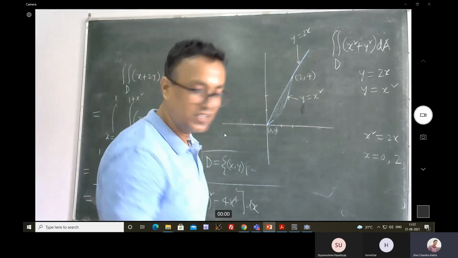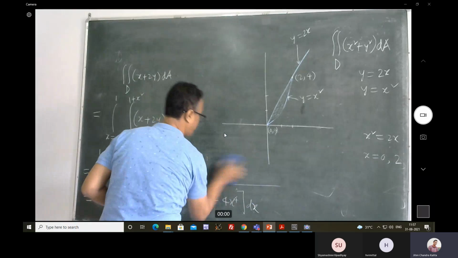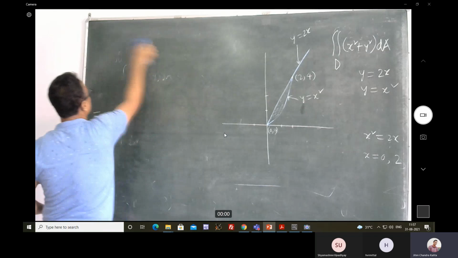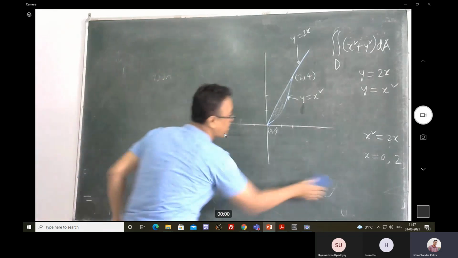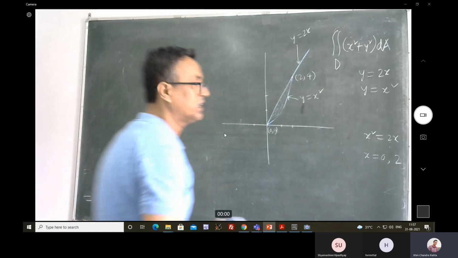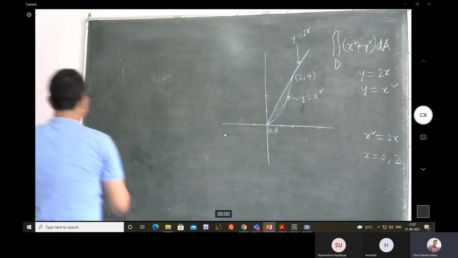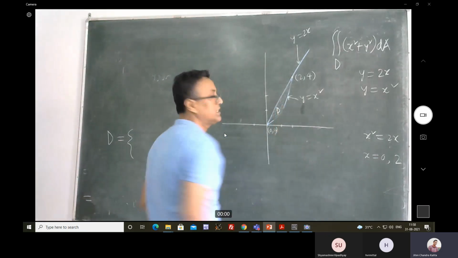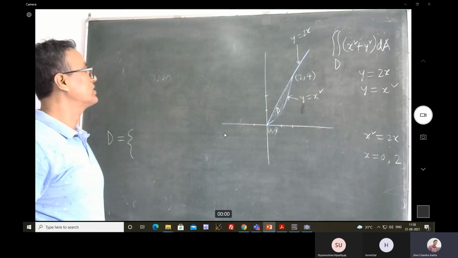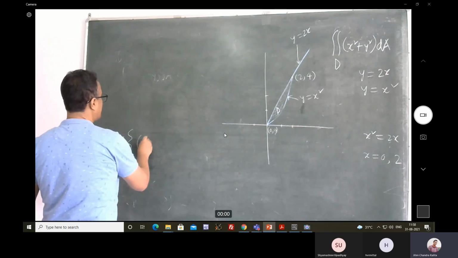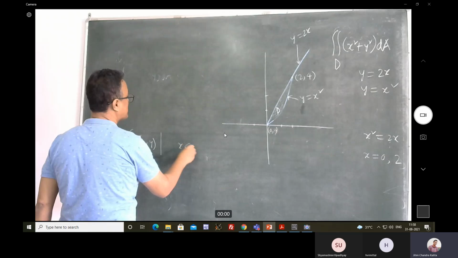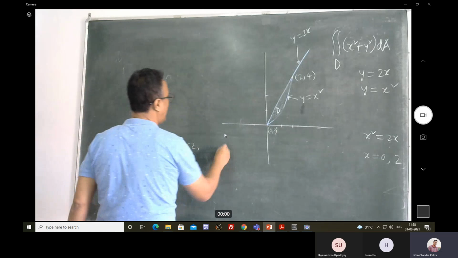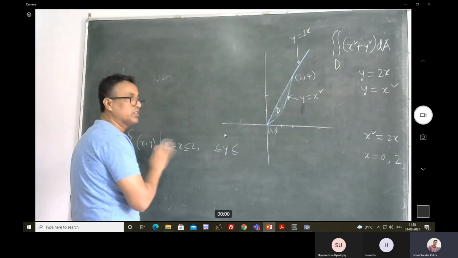Now look, here is an interesting situation. I'm not going to work this problem out fully because it is all about finding the domain D. If I consider domain D to be a type 1 region, then x goes from 0 to 2, and y has a bottom and a top.